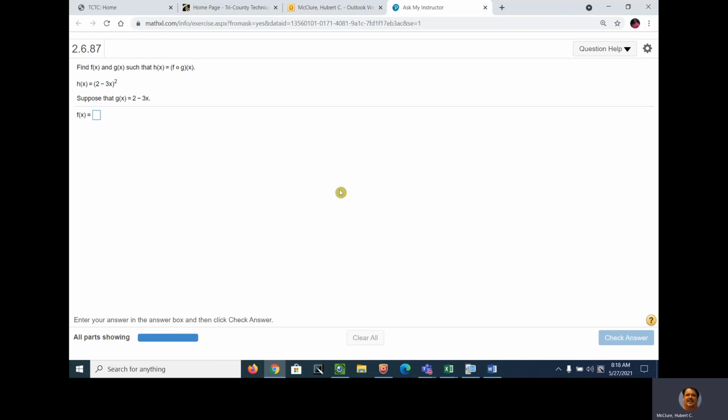Okay, remember, and I do this in the notes, in the recordings. When you have f composed of g, let me write this down. Find f of x and g of x such that h of x is equal to f composed of g of x, and h of x is equal to 2 minus 3x quantity squared.